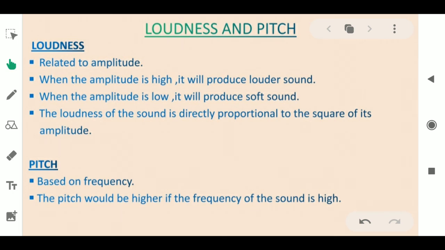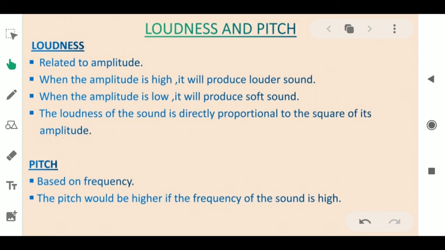At the same time, when the amplitude is low, it will produce a soft sound, which means that the loudness of the sound is directly proportional to the square of its amplitude. If the amplitude increases, then the loudness of the sound produced also increases. If the amplitude decreases, the loudness of the sound also decreases.